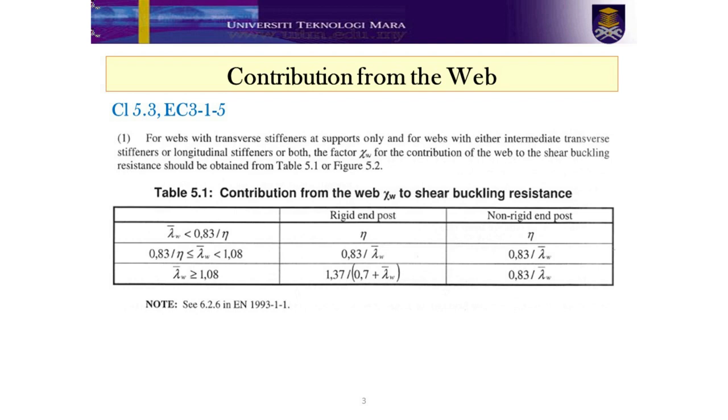Okay, so there are two conditions in table 5.1 as you can see. The first one is the rigid end post and the second one is the non-rigid end post. In our case, we are designing the non-rigid end post. Therefore, we need to clarify whether the reduction factor, the contribution factor, falls within which category.